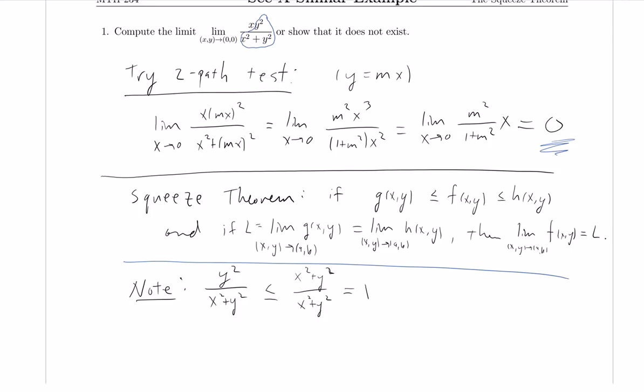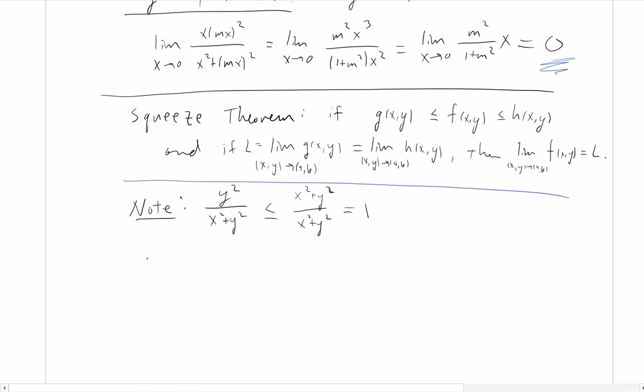So what does that mean? This means that the thing we were given, which I'm going to write a little differently, like this: x times y squared over x squared plus y squared. This is the original thing we were given that we're trying to find the limit of.